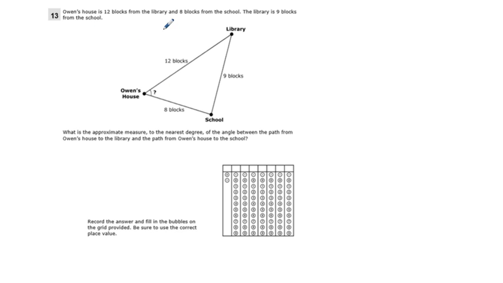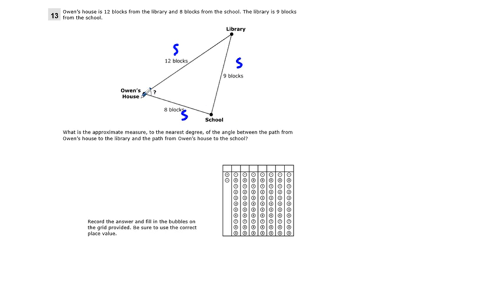Owen's house is 12 blocks from the library and 8 blocks from the school. The library is 9 blocks from the school. So what we have here is something called side-side-side, which is a job for the law of cosines.